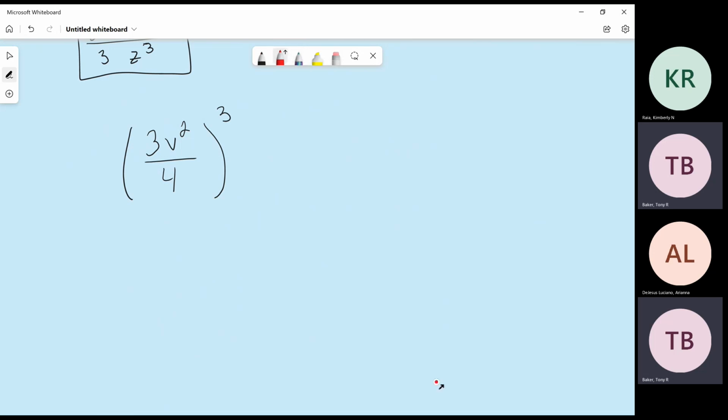I didn't do it, but it should be pretty obvious. You just distribute it to everything, just like the one with the negative sign in the beginning of the problem I did. So it's 3 to the 3rd, v to the 6th, and 4 to the 3rd. So 27 v to the 6th over 64. Just remember to distribute whatever's outside to everything on the inside, including the number, which is what a lot of people forget. Just like forgetting the signs. Once you see letters, you forget about the numbers. You're like, oh, it's attached there. No, everything.